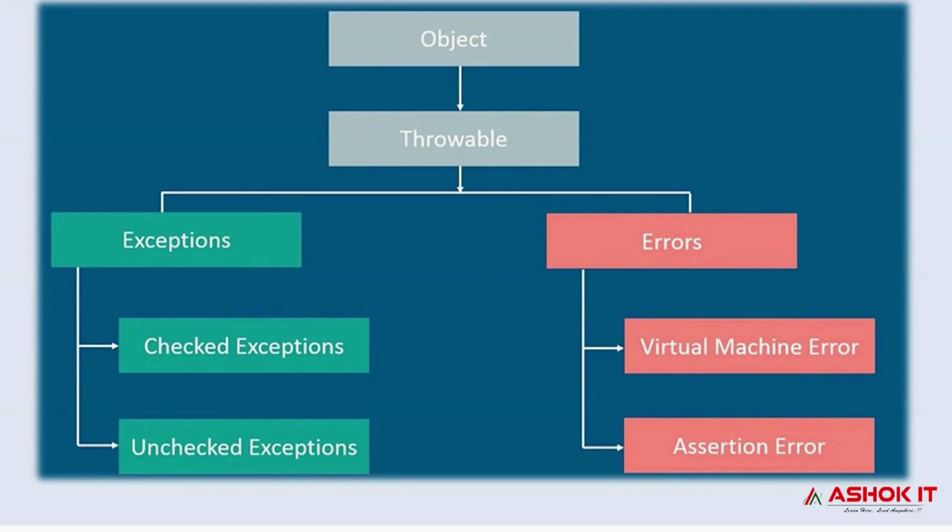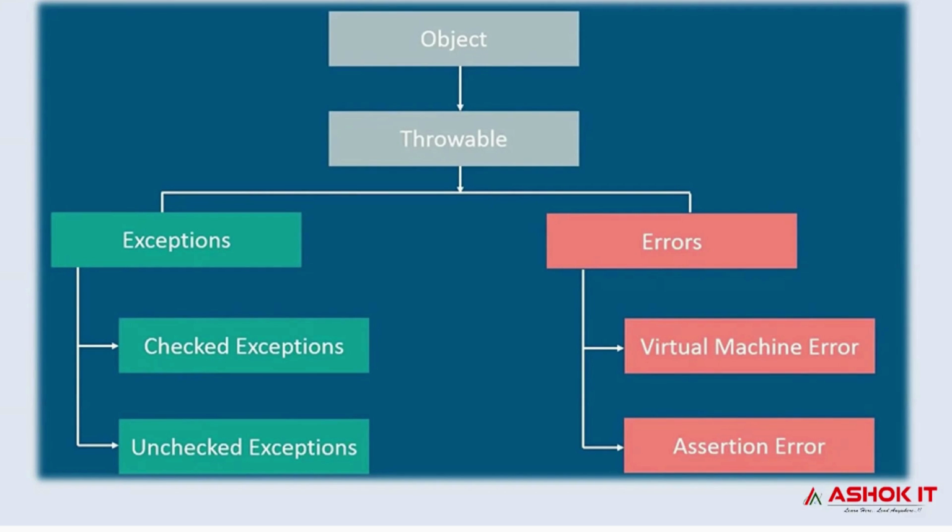So how does the Java virtual machine handle exceptions? Inside a method, if an exception has occurred, then the method creates an object known as an exception object and hands it off to the runtime system. This exception object contains the name and description of the exception, and also the current state of the program where the exception has occurred.